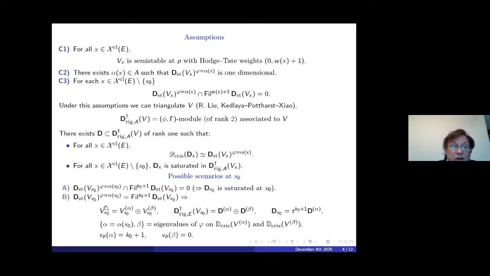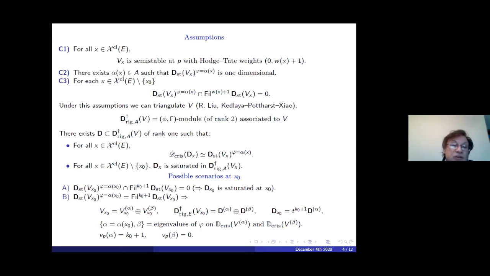From general results about p-adic Hodge theory of weak admissibility, we can deduce that the restriction of the specialization of V at x0 on the decomposition group of P is reducible.